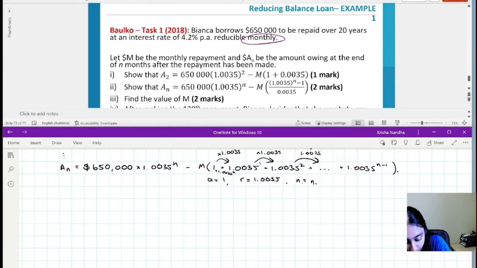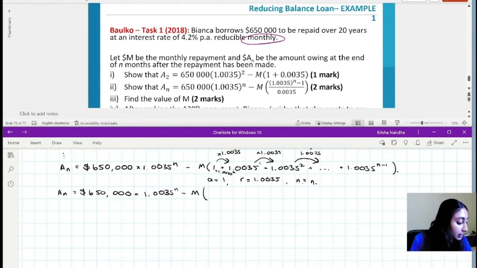Okay, so my a_n will be equal to 650,000 times 1.0035 to the power of n minus m times, let's do our sum of geometric series formula, which is S_n equals A(R^n minus 1) on R minus 1. So 1 times (1.0035 to the power of n minus 1), all on 1.0035 minus 1.